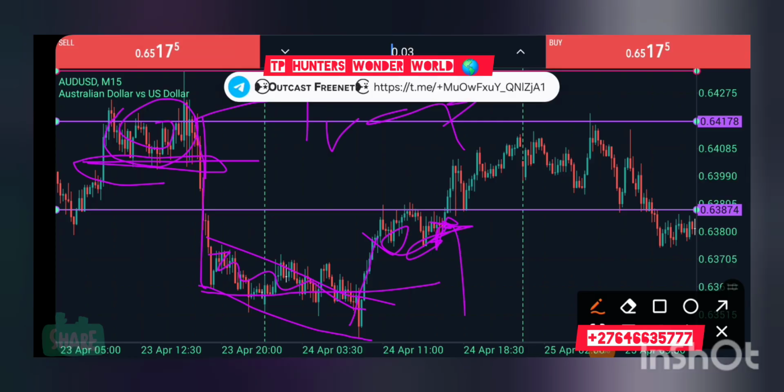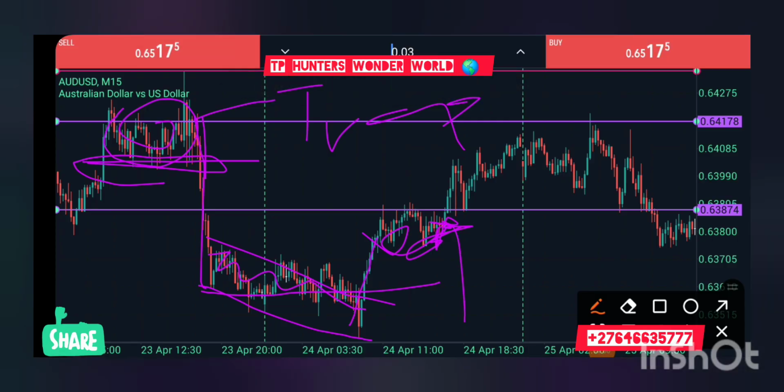Once price retests the second breakout, it's a must. It should go back again and retest the first one. So they use the second breakout to trap.